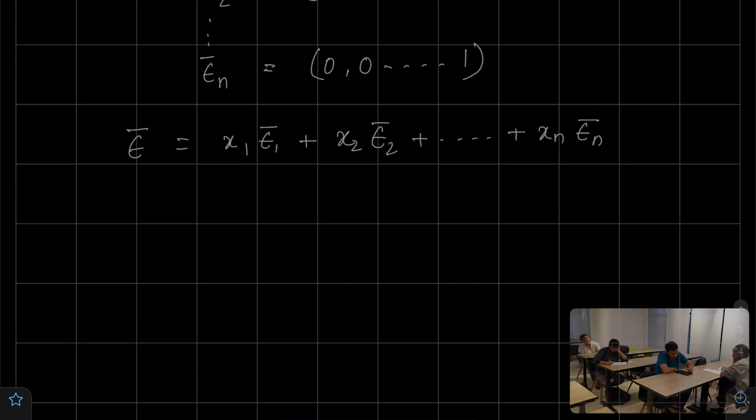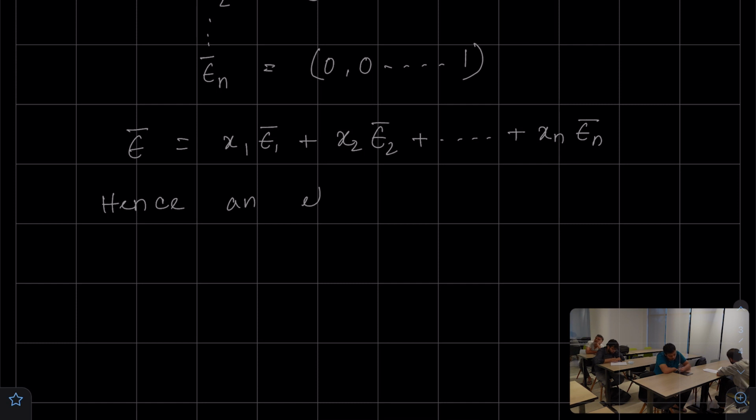So this is the arbitrary vector, right? And this arbitrary vector can be written in this form. Do you agree?